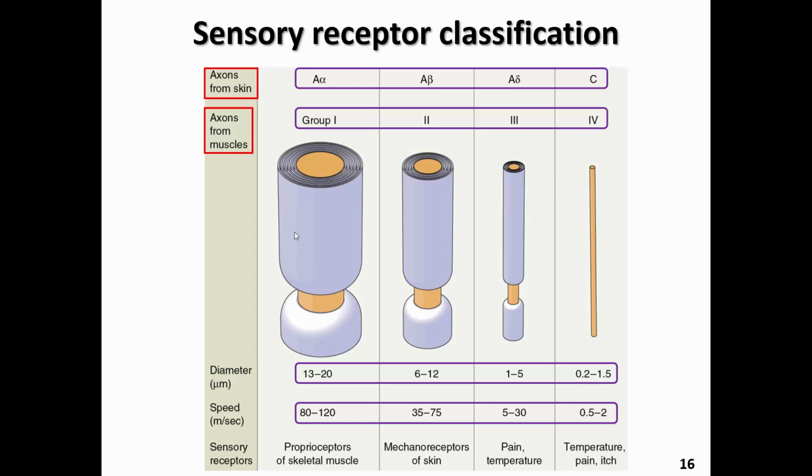And because of the combination of diameter and myelination, the type A alphas in skin and group 1s in muscles have the fastest transmission of action potentials, where we see values ranging from 80 to 120 meters per second to as slow as 0.5 to 2 meters per second for the so-called C or type 4 fibers. And these neurons are typically characteristic of proprioceptors of skeletal muscle.